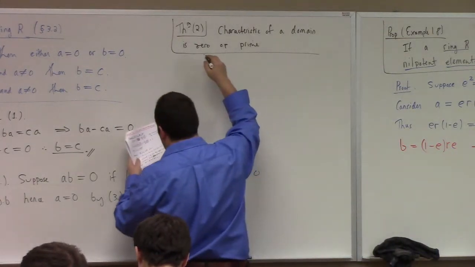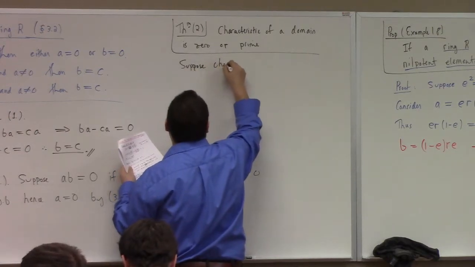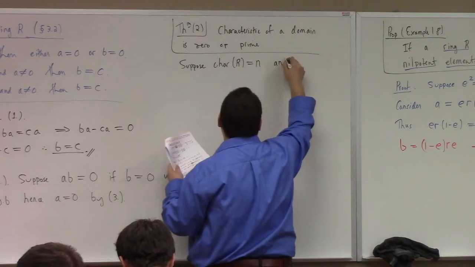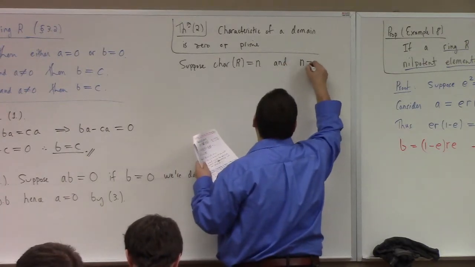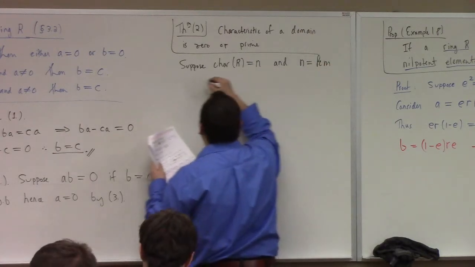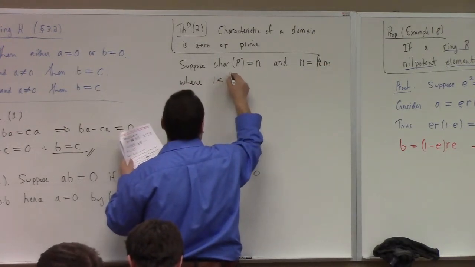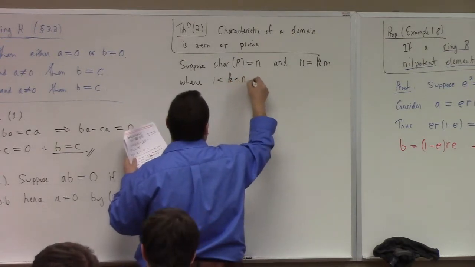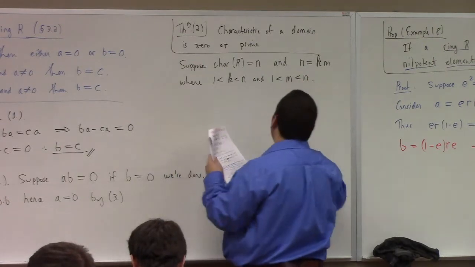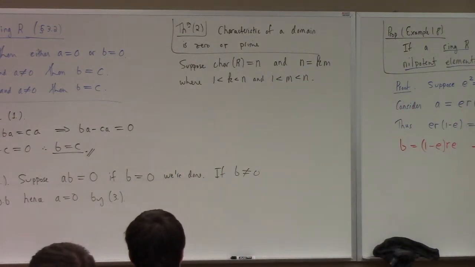So suppose the characteristic is n. And towards a contradiction, suppose that n is equal to k times m, where 1 is less than k is less than n, and 1 is less than m is less than n. In other words, suppose that n is composite.